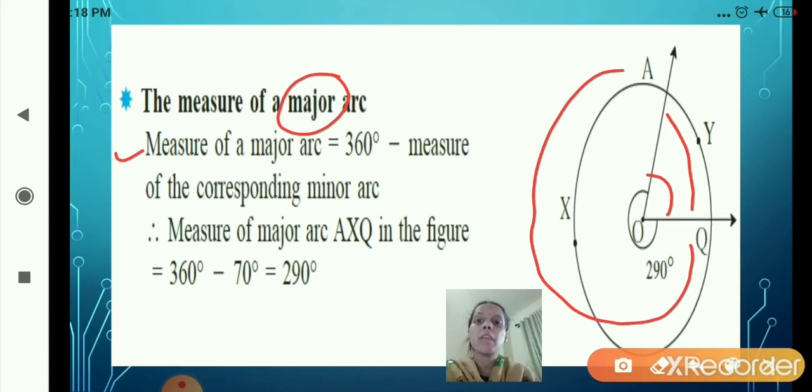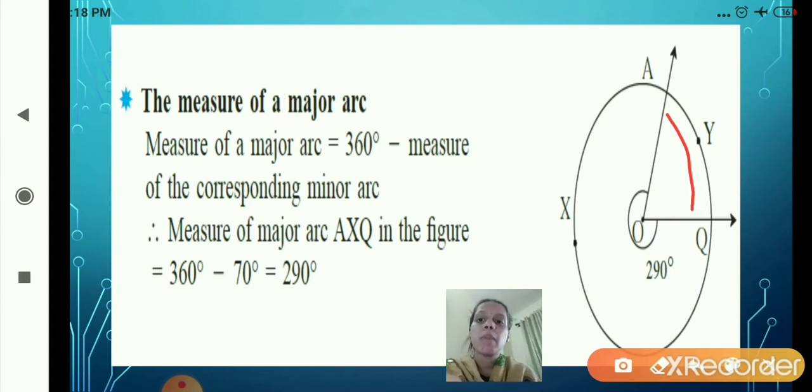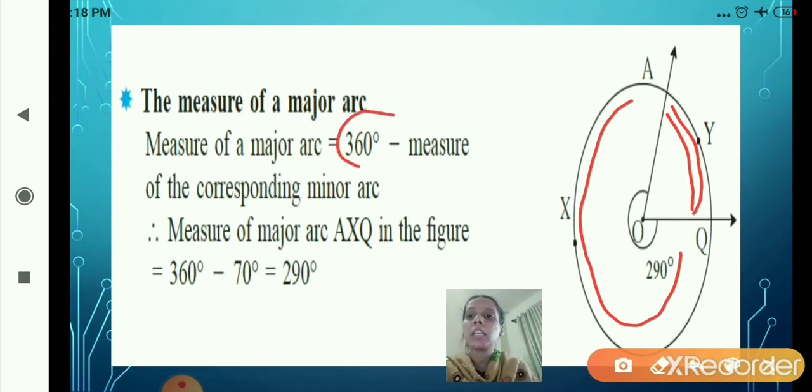So measure of AXQ is equal to 360 degree minus this AYQ. Why did we take 360 degree here? What is the measure of the complete circle? That is 360 degree. So from 360 degree we subtract AYQ, the measure of the minor arc, and we get the measure of the major arc.